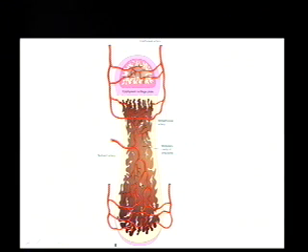And of course, we know that the mesenchyme within this space in the spongy bone becomes the bone marrow. So we don't want to leave out the bone marrow.